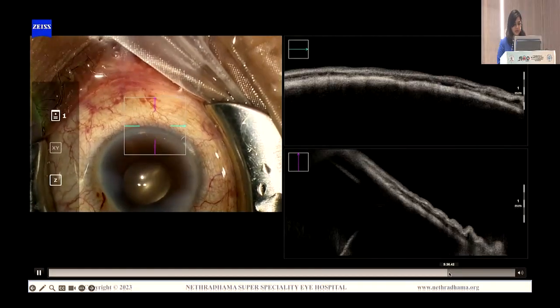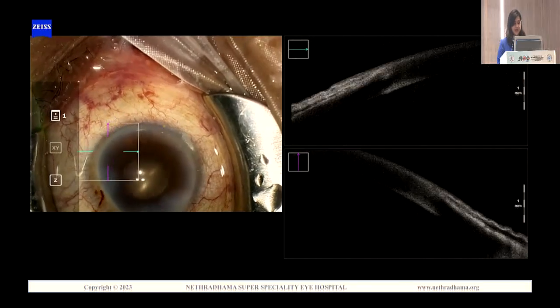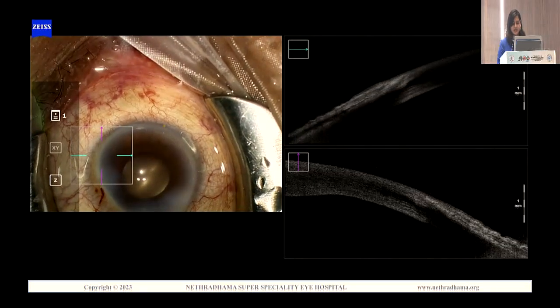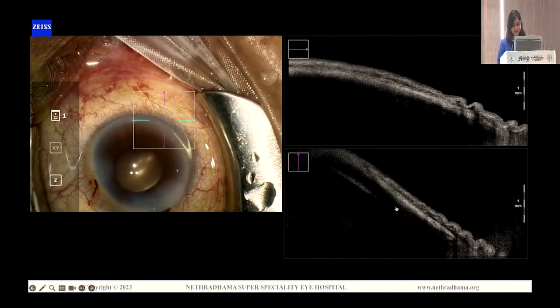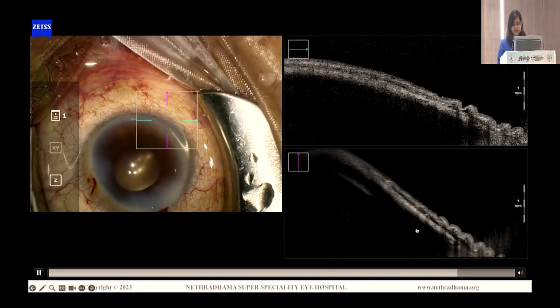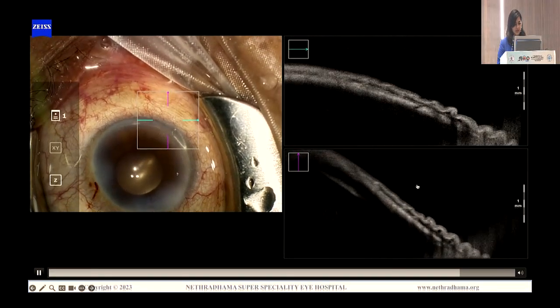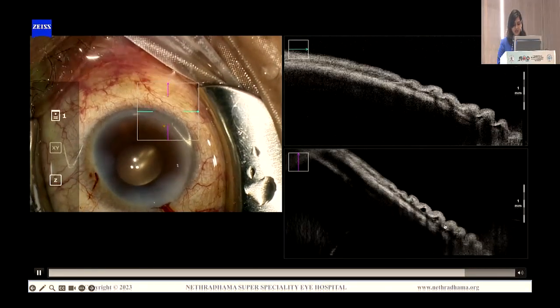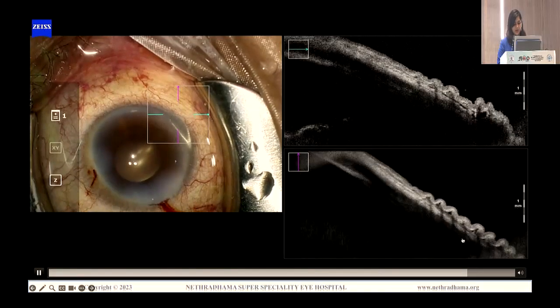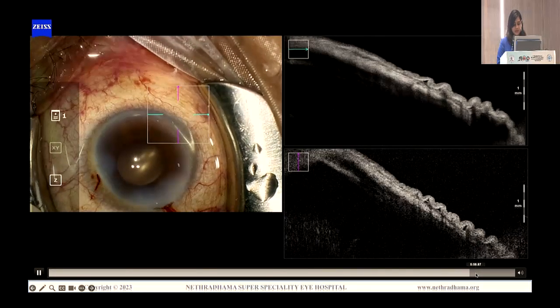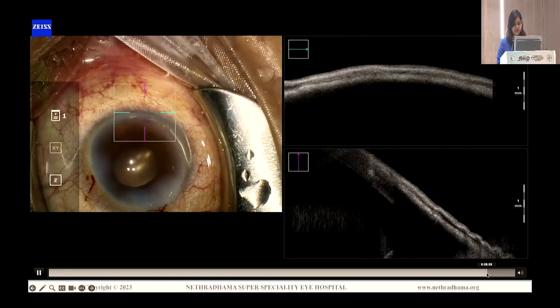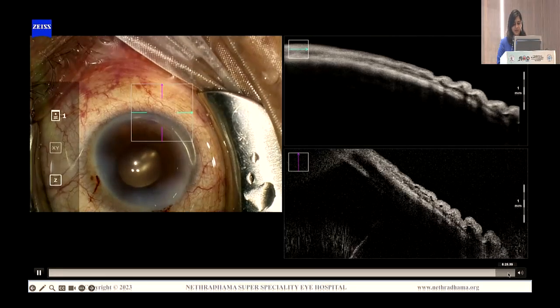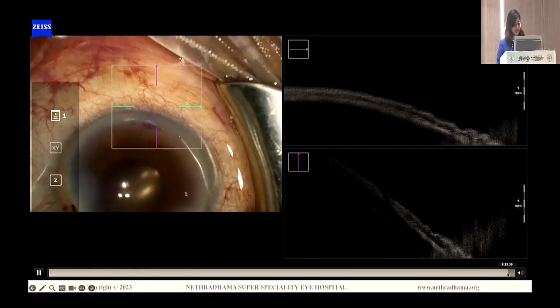And the same OCT, when it's moved away from the area of the iStent implantation, you see the conjunctiva is very flat. Bringing it back to the area of iStent implantation, you see that there is quite a boggy conjunctiva, wavy conjunctiva with fluid underneath it. So all of these three signs together have to be noted after the iStent implantation.